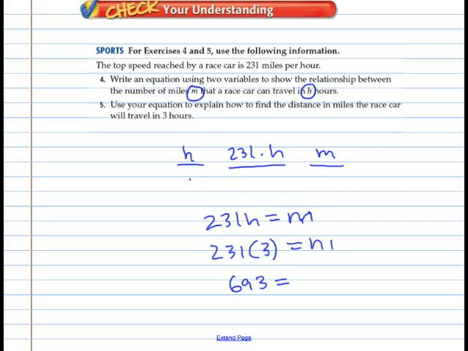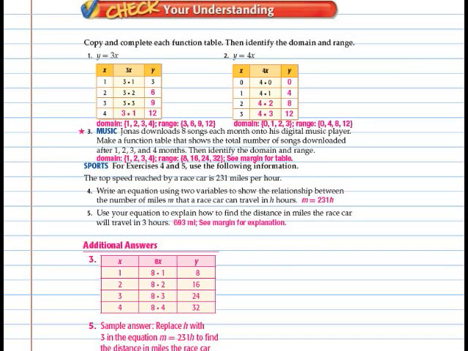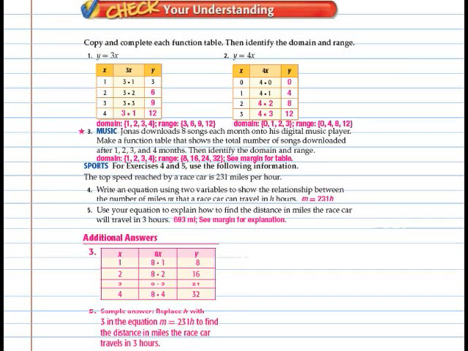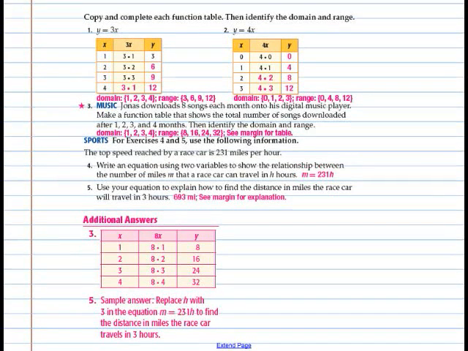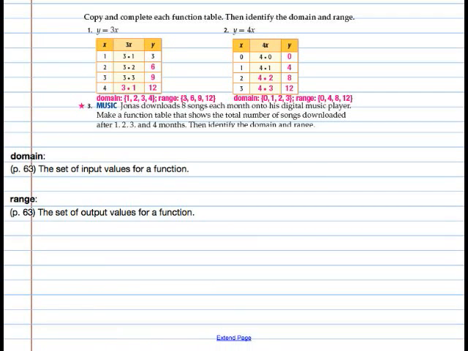That would be 693 equals m. These are our answers. You can check and see if yours are correct. And I believe we are correct on most of these.